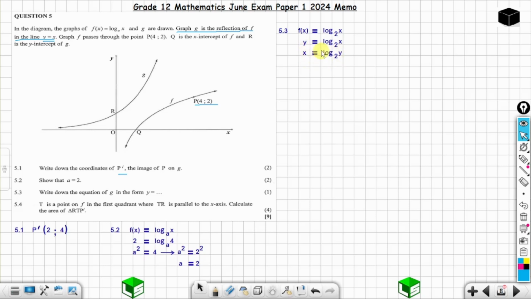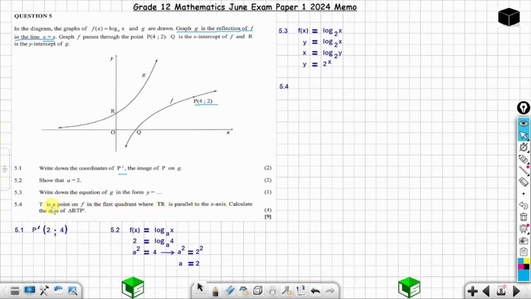Whatever you have on the other side is your exponent. So you have y is equal to 2 to the power of x. Question 5.4, t is a point on the graph of f, in the first quadrant, where tr is parallel to the x-axis.